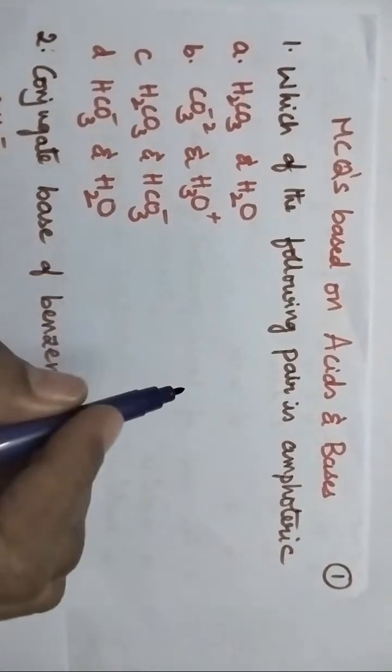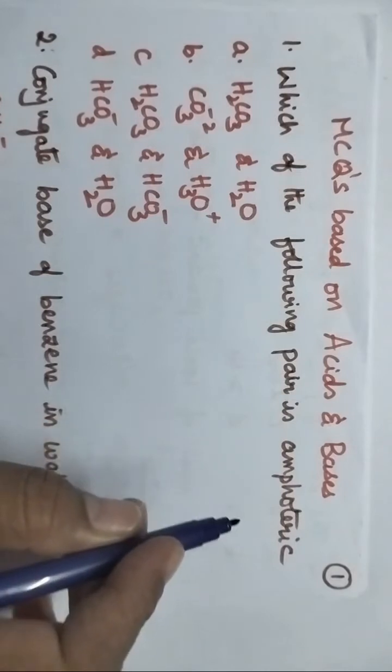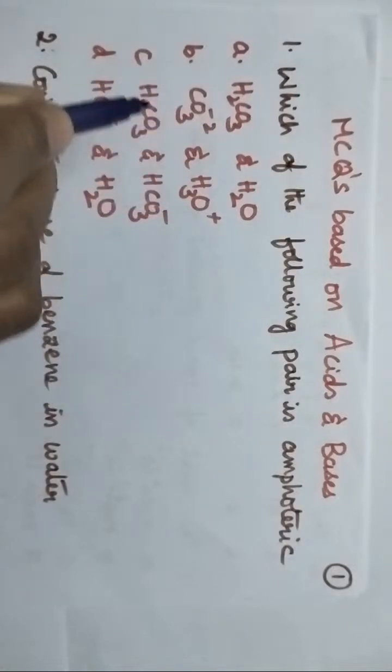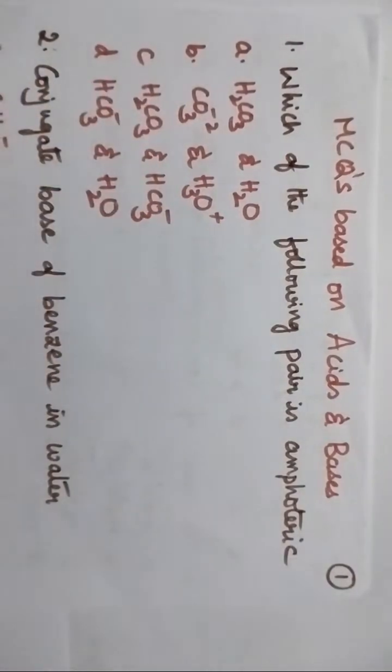Now, which of the following pair is amphoteric? Amphoteric means it can accept a proton and it can donate a proton. It must have dual nature and we have to identify the amphoteric pair. So, both the substances should be amphoteric.